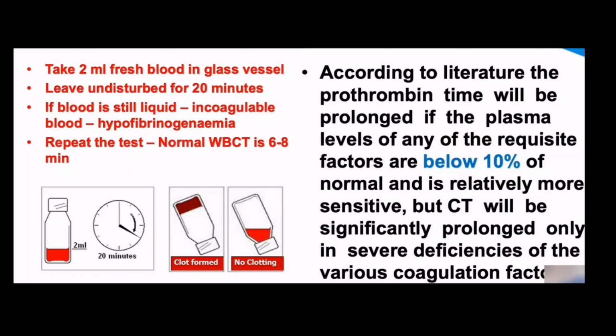If the blood is still liquid, it means it's incoagulable blood. So there is hypofibrinogenemia, so it's hemotoxic. Don't always wait for the 20 minutes. Clinically, after 10 minutes itself, take another fresh sample of 2 ml, because if one may go wrong, one may go right, it can change. So we should be more clinical than theoretical.